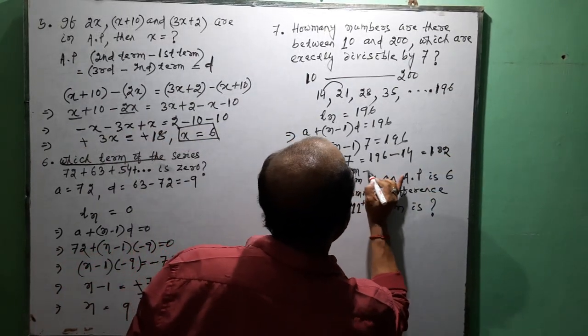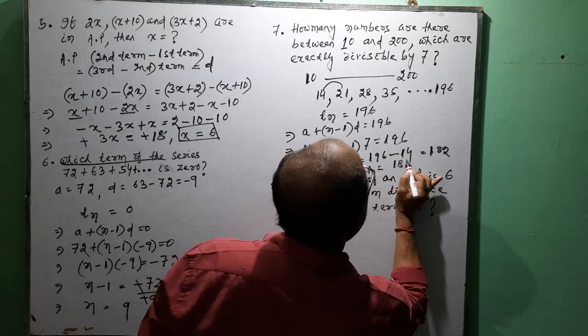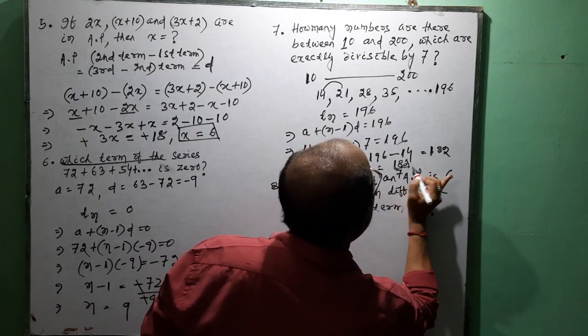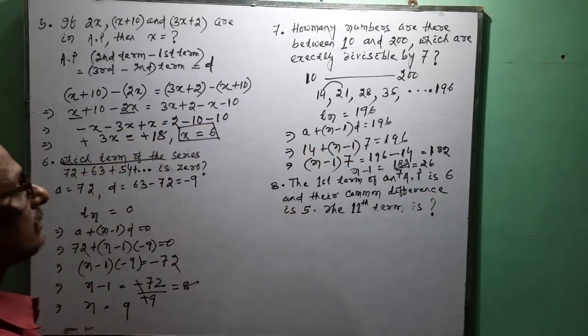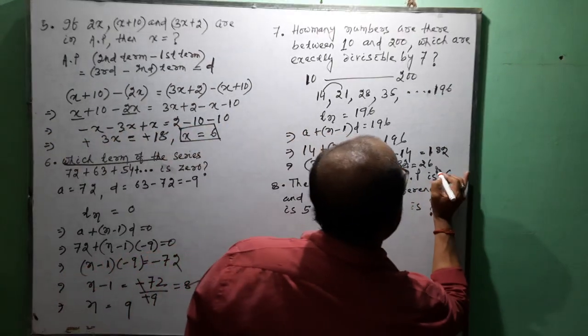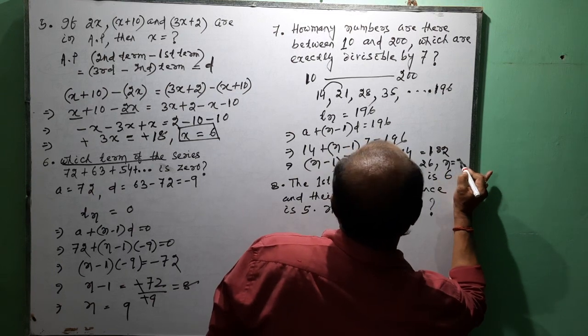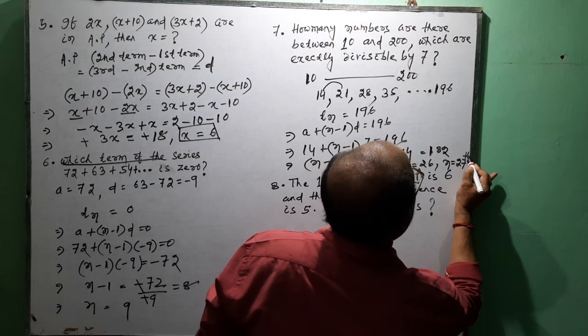N minus 1 is equal to 182 by 7, which is 26. Then n is equal to 27, the 27th term.